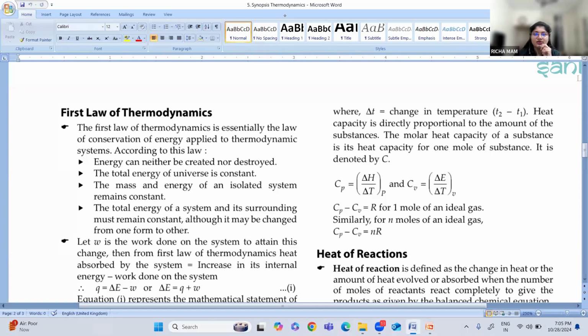So if work is done on the system to attain the change, then according to the first law of thermodynamics, heat absorbed by the system will be equal to the increase in the internal energy minus the work done on the system. So we had seen this question, right? Q is equal to delta E minus W, or delta E is equal to Q plus W. So what does it represent?